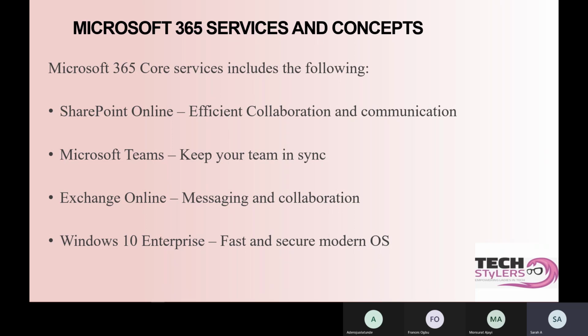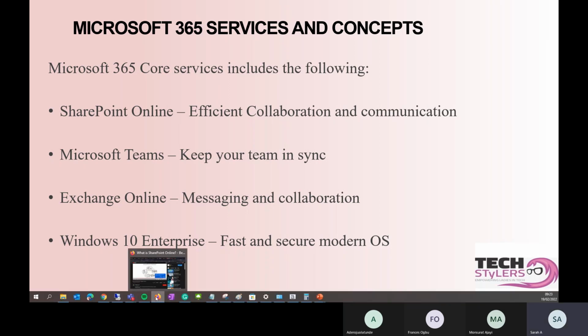How do they communicate? You already have a Microsoft subscription, so Teams comes as part of the package. You use it for collaboration, to keep your teams in sync, and you can also use it for video, for audio, and to chat with one another. I'm just going to open what it looks like right now.